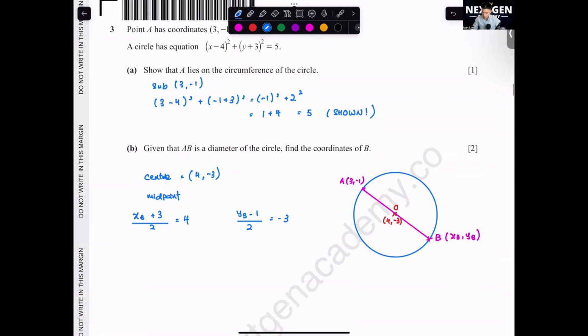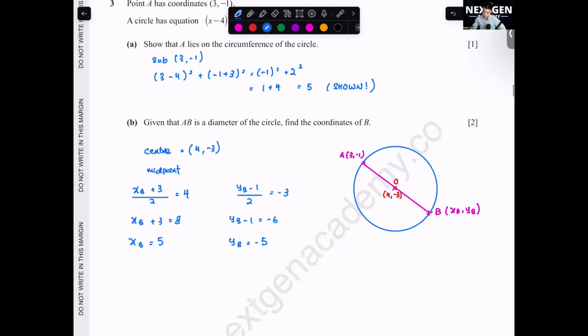Let's solve for this. xB + 3 = 8, so the x coordinate is 8 - 3, which equals 5. For yB - 1, we multiply by 2, this will be -6. -6 plus 1 will be -5.